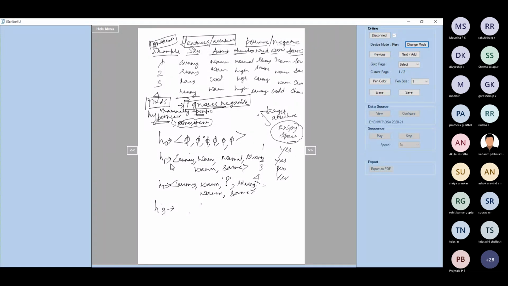We're only considering the training examples so far. From those, we are clearly saying the first attribute value should be sunny for positive, but we are finding a mismatch in the very first attribute.